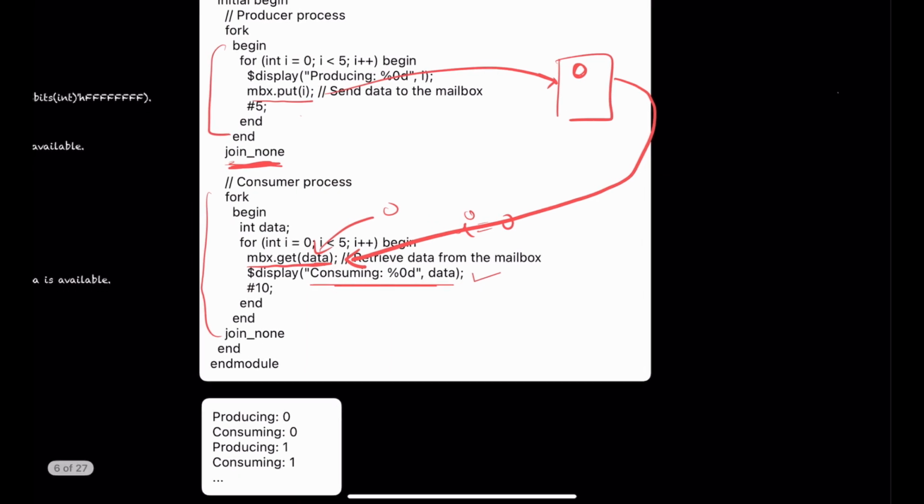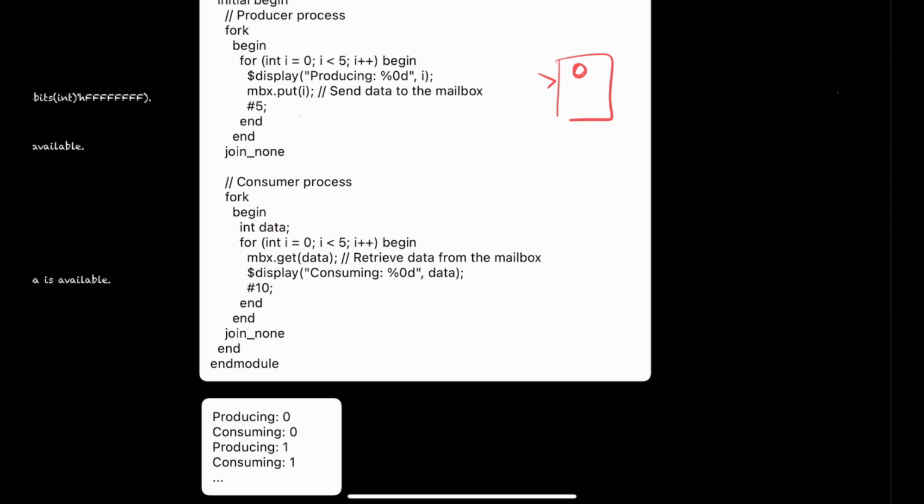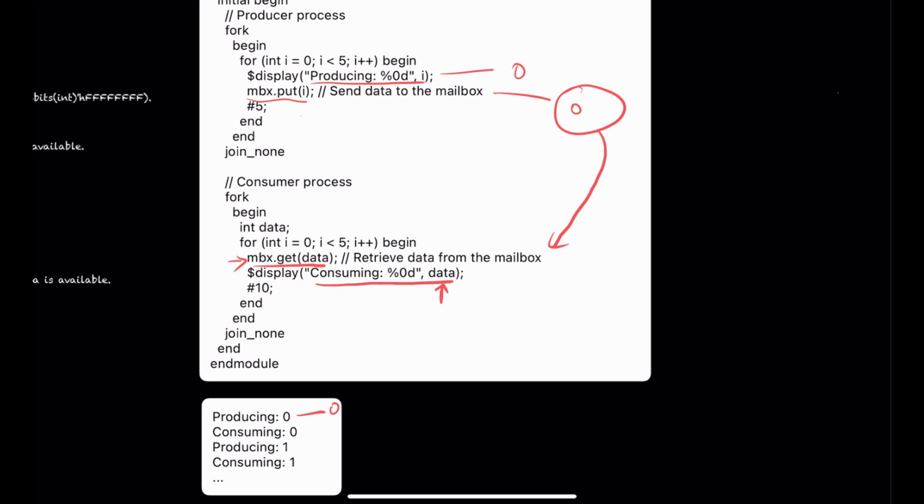Let's see how the display statement displays the results. For the first iteration, the first statement will print producing 0. Now the mailbox will put the data 0 into the mailbox. For the consumer, the mailbox will get the data, retrieve the data from the mailbox, and then display it.